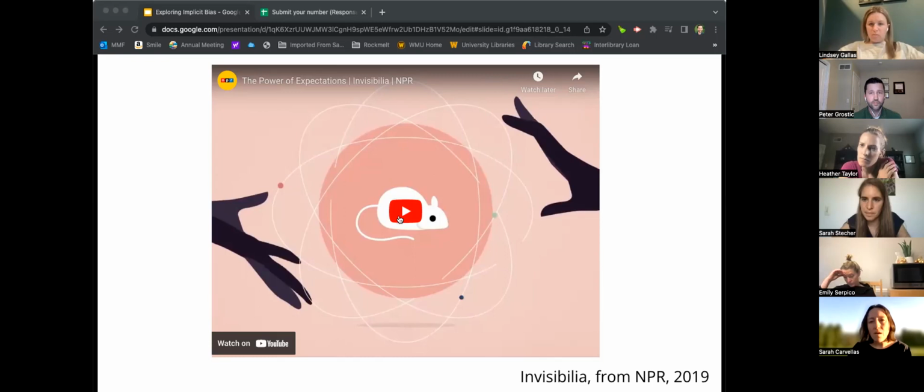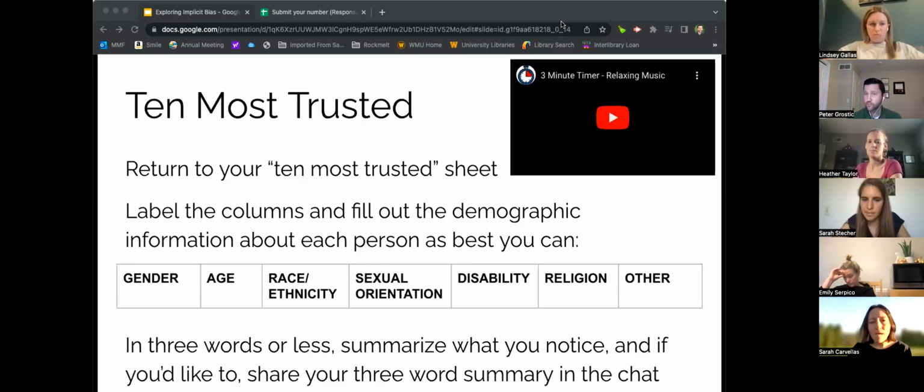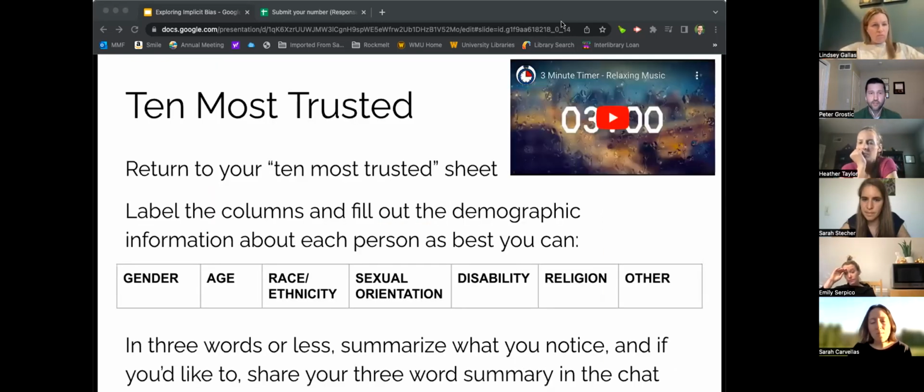So you listed up to 10 people and the amount of time that you had that you trusted the most, that were not family members or blood relatives. And what we'd like you to do now is go back to that sheet or spreadsheet, and we'd like you to add some columns. And it's important to note, again, we're not going to ask you to share the specifics of this sheet, okay? Not at all.